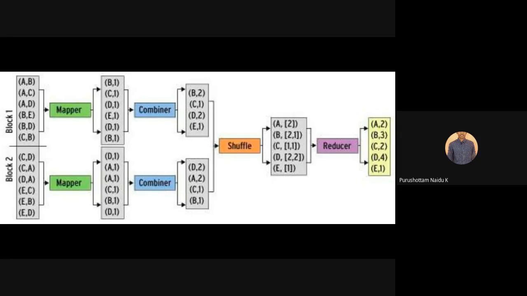That is the main advantage of the combiner. It can be used to reduce the network traffic and the load on the network. Clear? That is the advantage of the combiner, irrespective of the word count program.